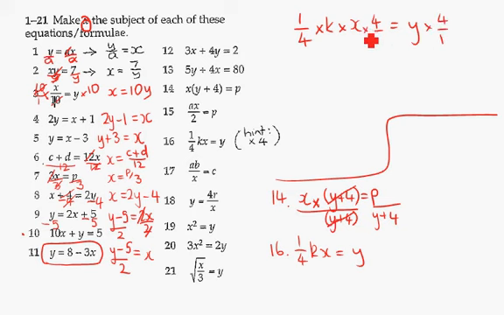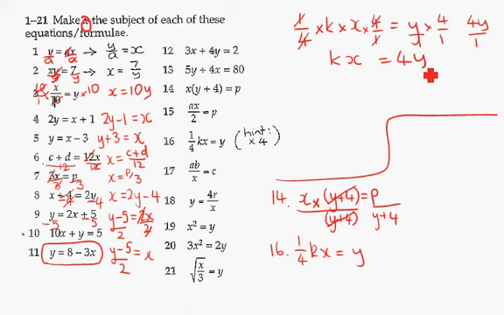Now you can see multiplying, it doesn't matter what order we multiply them in, the 4's will cancel. A quarter times 4, 4 lots of a quarter. If you have 4 lots of a quarter, 4 quarters, you'll have 1 whole. So I'm left with k times x equals, and in this case it's 4y. You can think of that as putting it over 1. You can think of multiplying and getting 4y over 1.